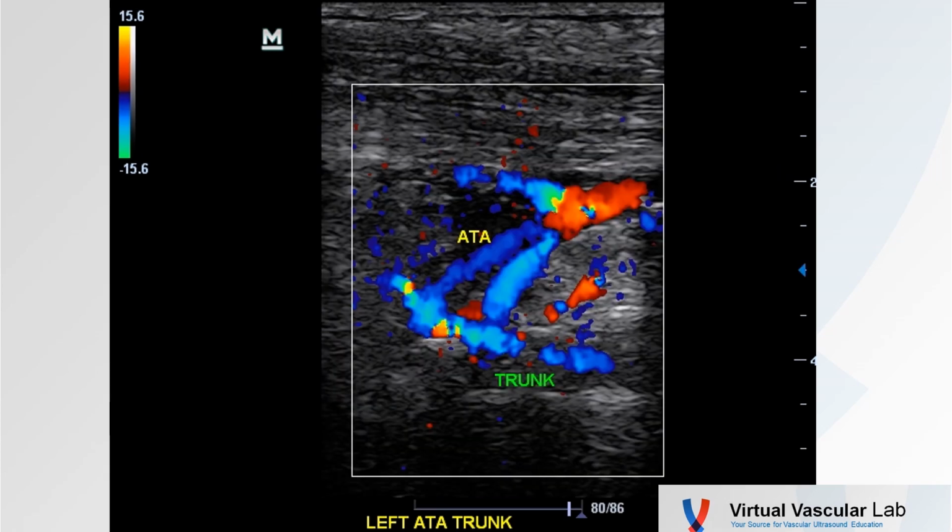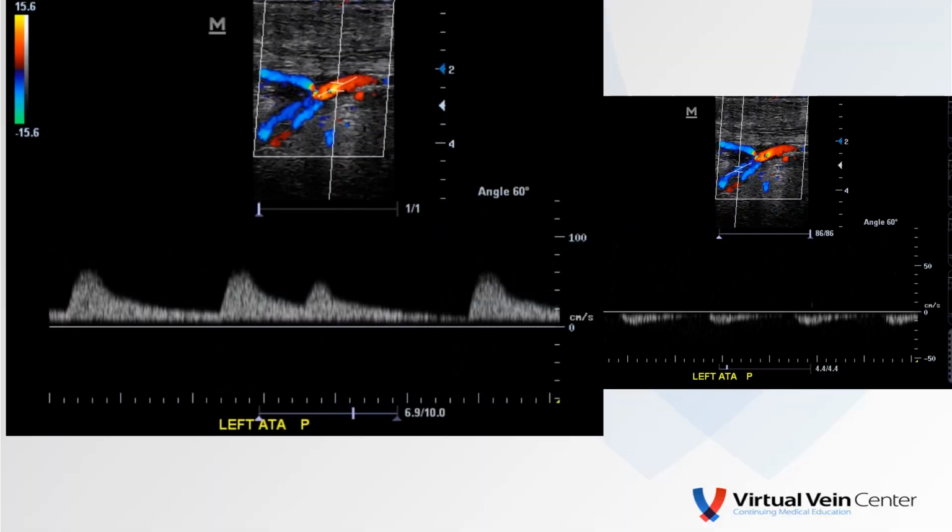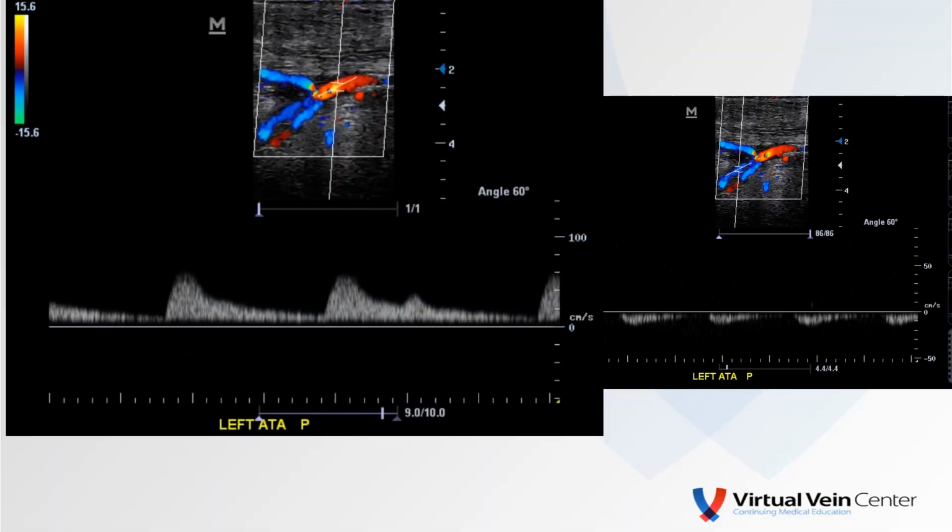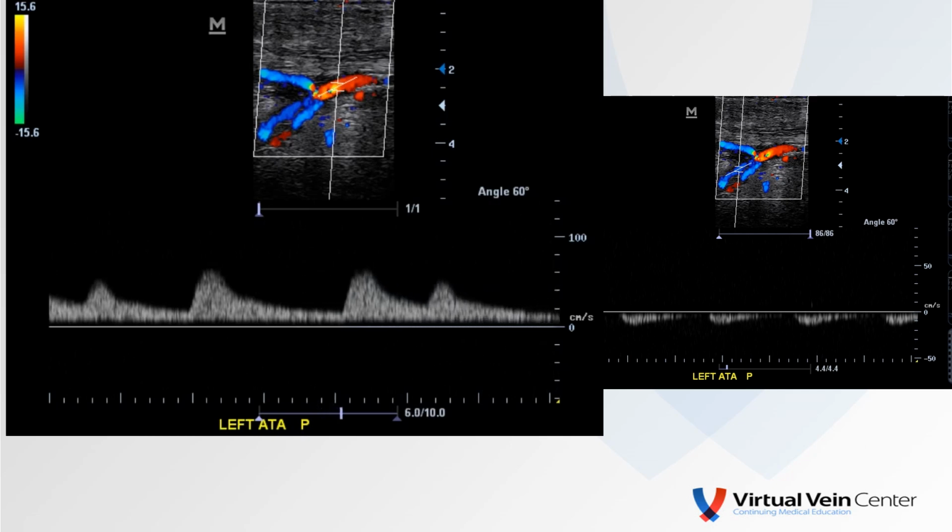Here's just a little bit different plane. I don't see the inflow collateral as well, but I can pick up the retrograde flow through that short segment of the anterior tibial and then it curves around and actually supplies the tibial peroneal trunk. Of course, it's best practice to document or confirm all Doppler changes with spectral analysis.